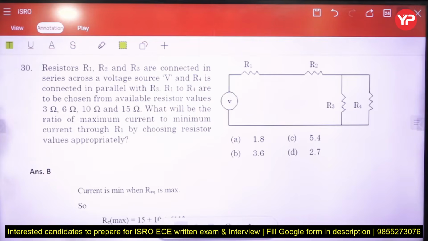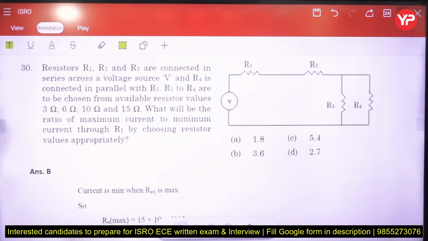This is also a good question. The resistors R1, R2, R3 are connected in series across a voltage source V. R4 is connected in parallel with R3. R1 to R4 are to be chosen from the available resistor values. We have to choose the values from 3, 6, 10 and 15.